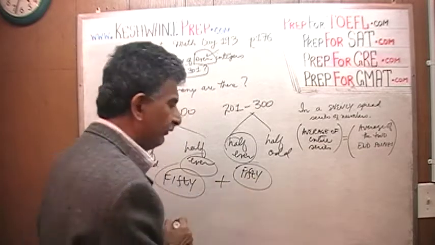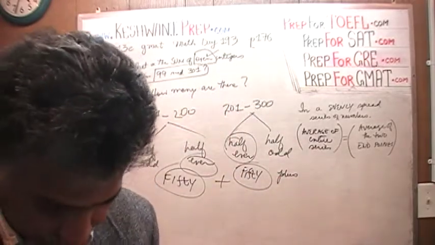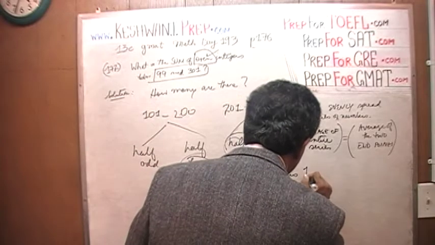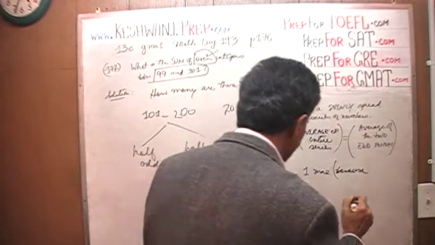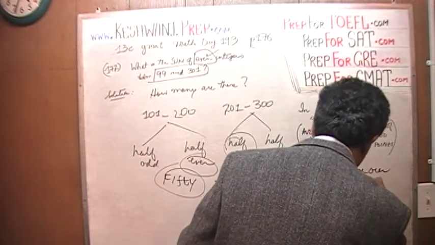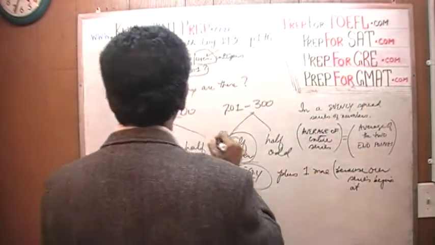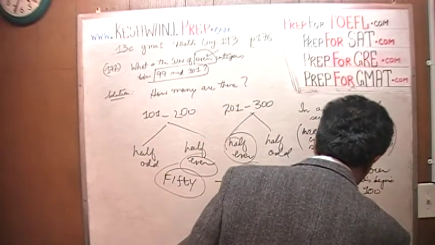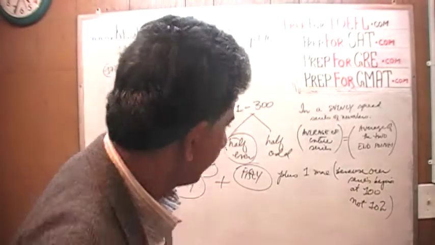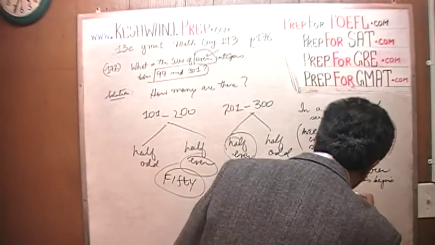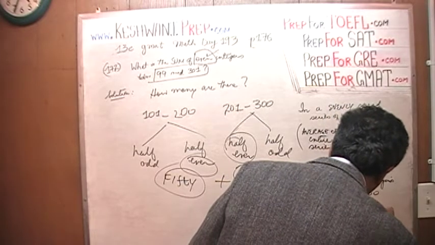So far we have 50 plus 50, plus, we mustn't forget, we have one more, because our series begins at 100, not 102. Let me put this in proper handwriting here. Our series begins at 100, not 102.